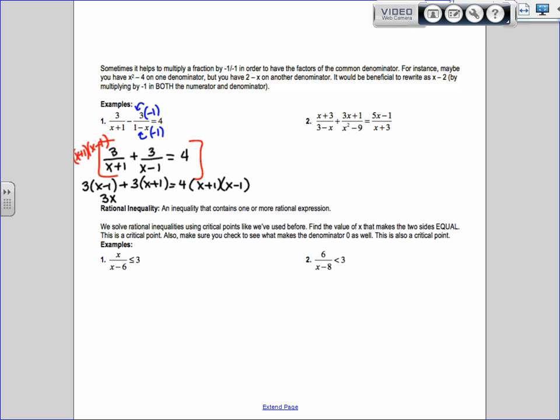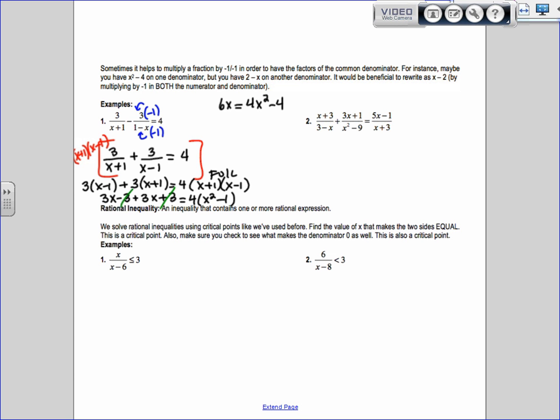So I get 3x minus 3 plus 3x plus 3 equals 4 times x squared minus 1, right, when I FOIL it. So I have 6x, and then minus 3 plus 3 goes away, equals 4x squared minus 4.